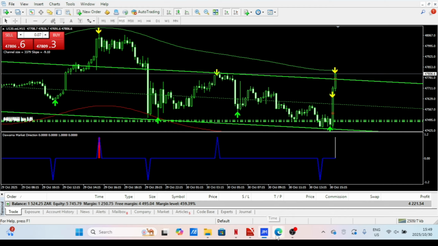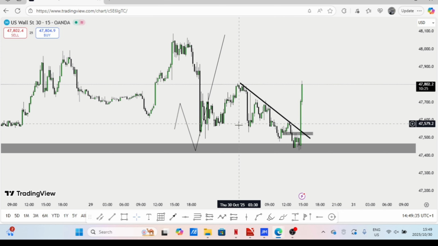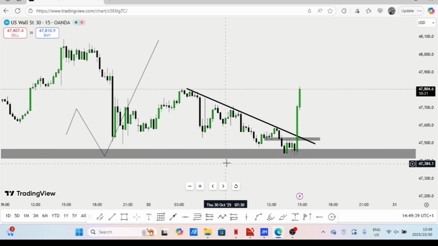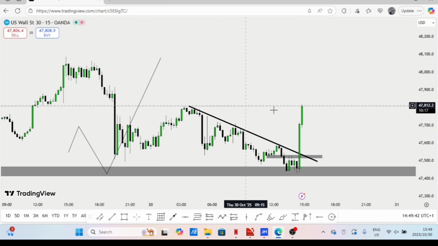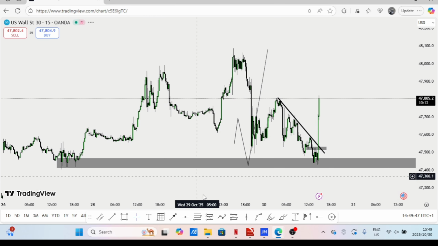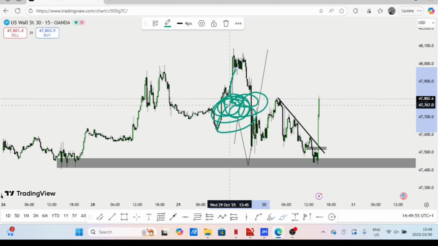So the first thing first, guys, you go to your TradingView, or wherever you prefer to analyze the market. As for me, I prefer to analyze the market here on TradingView. I've been waiting for this trade since around about here, because this is where I was looking for my trade.